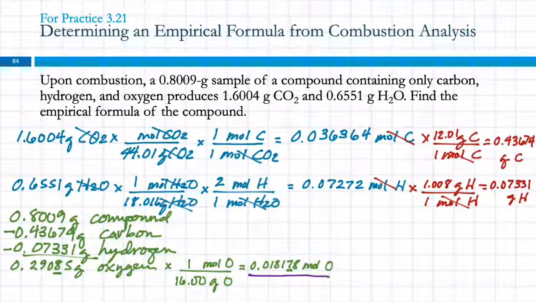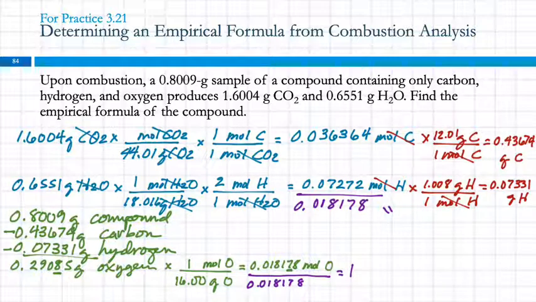So this one's divided by itself. That is 1. And this one is divided by the same number. So 0.07272 divided by 0.018178.